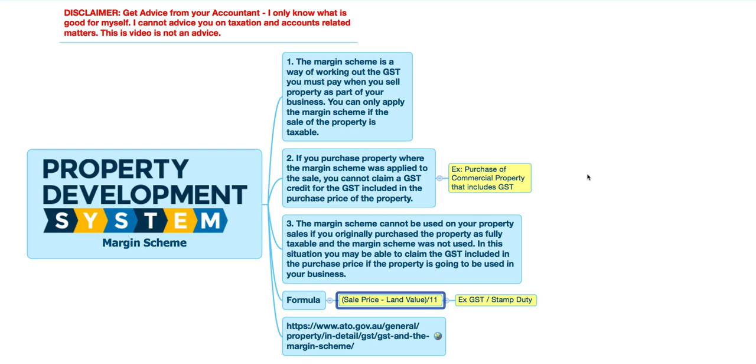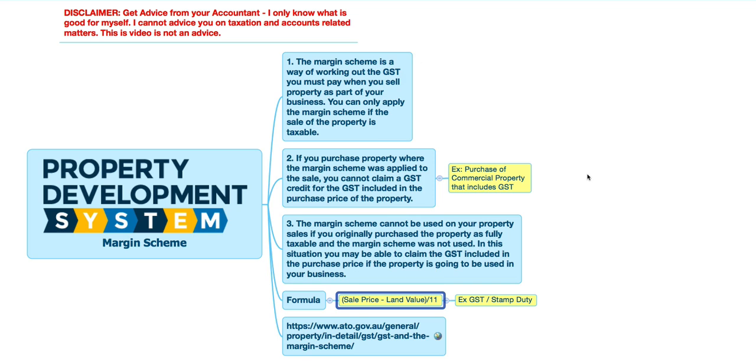If you put townhouses on it, and let's say the land value for a townhouse that you bought was 200,000, and then you spend 300,000 to build a townhouse on it, you pay the GST on the 300,000 value that you've added.